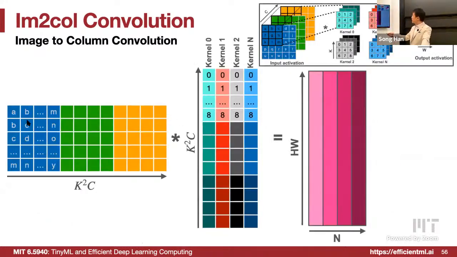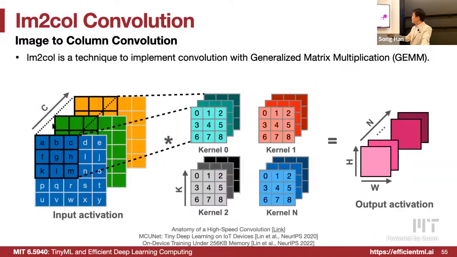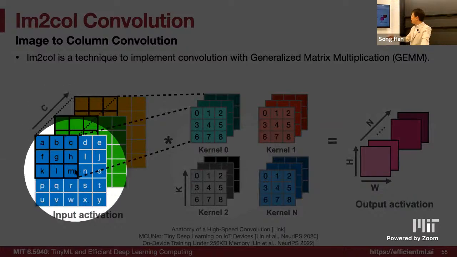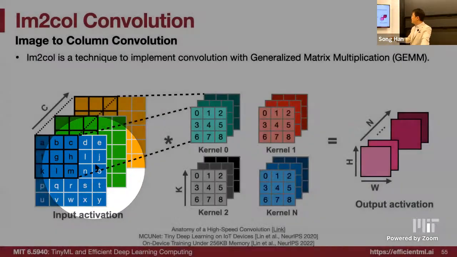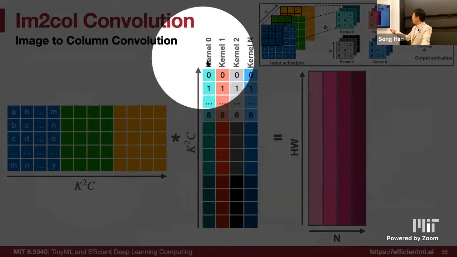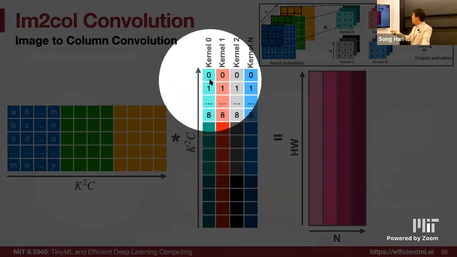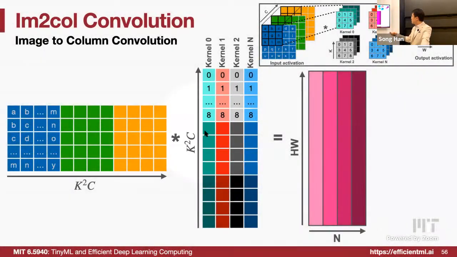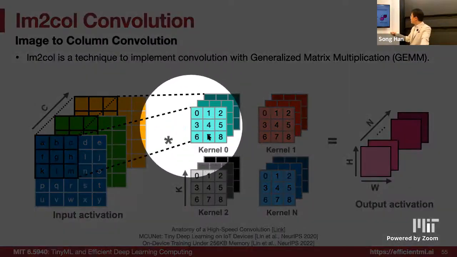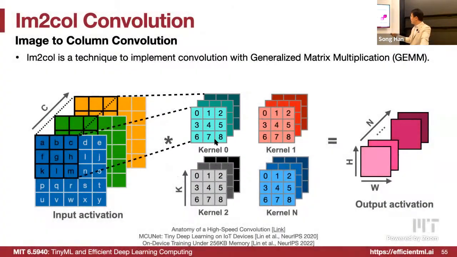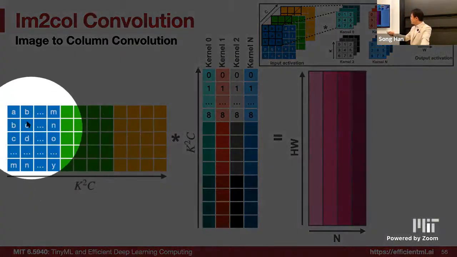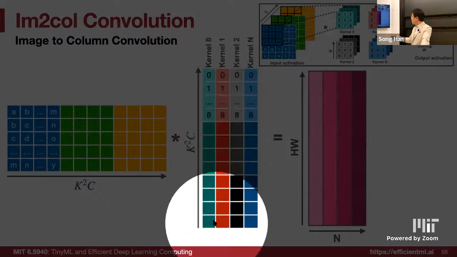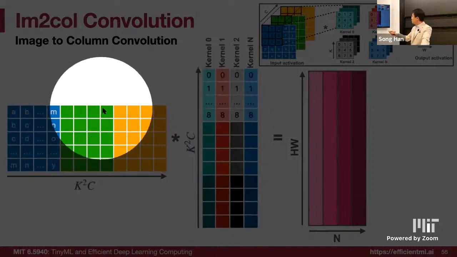So we lay out the memory in this way: A, B all the way to M, and then B, C all the way to N, which will be multiplied with kernel 0, 1, 2, 3, 8, which is right here, such that we can have this row multiplied with this column. So blue, green, yellow.